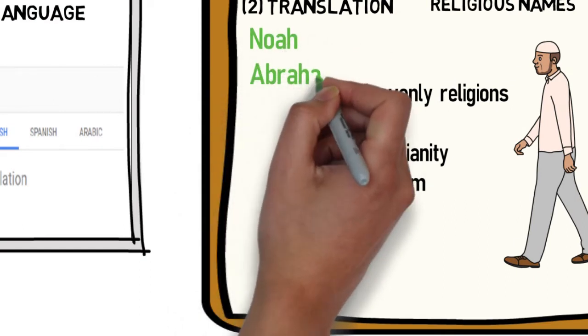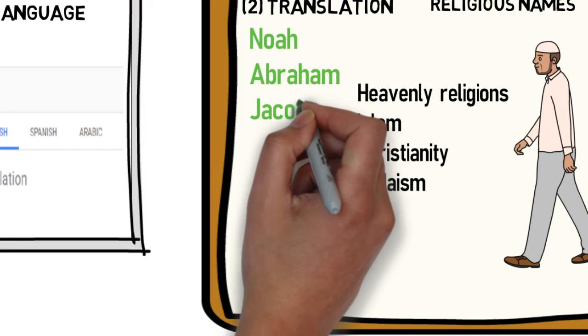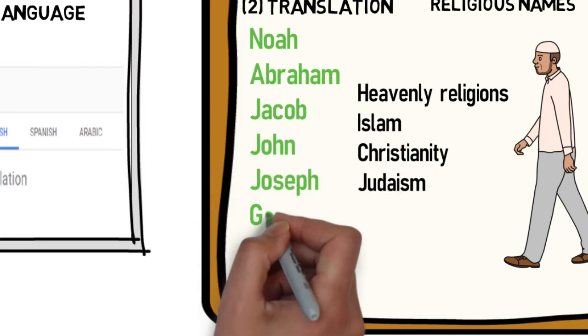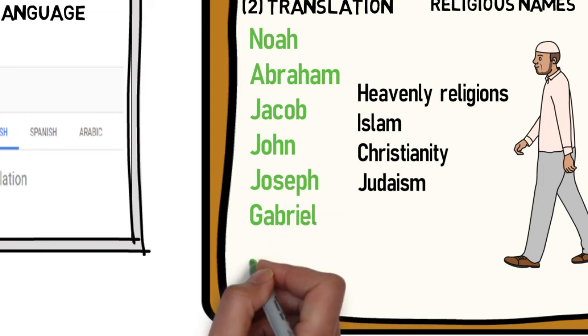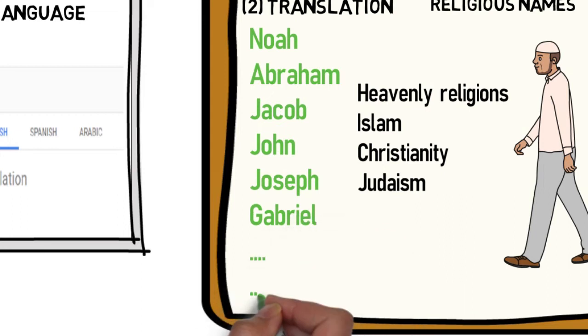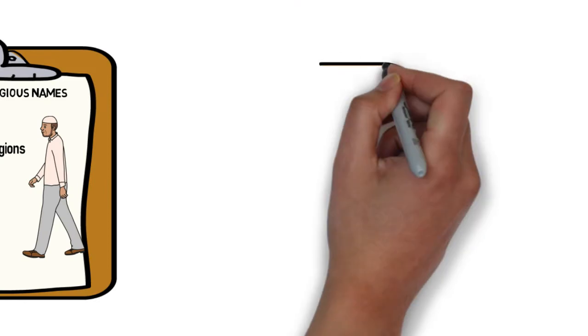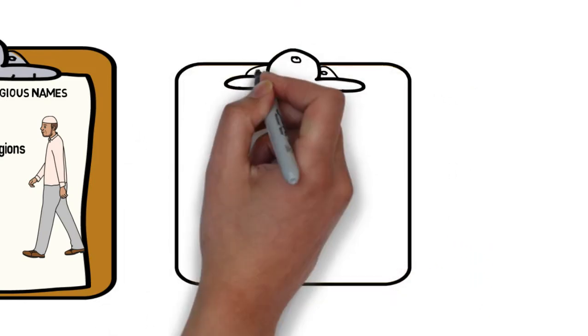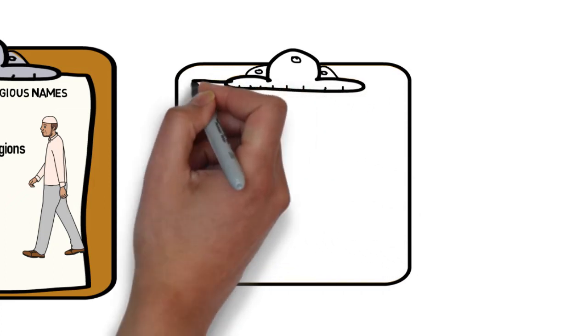Names like Nuh, Noah, Abraham, Ibrahim, Jacob, Yaqub, John, Yahya, Joseph, Yusuf, Gabriel, Jibril. You can add tens of names to the list, like Abel and Cain, Habil, Qabil, and many others.